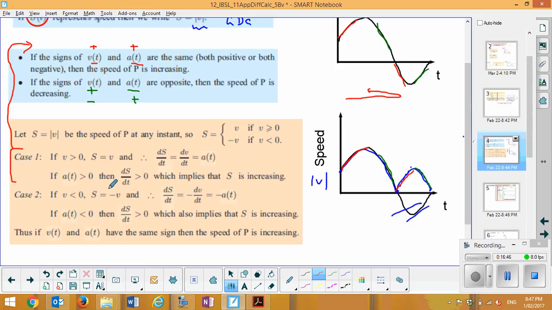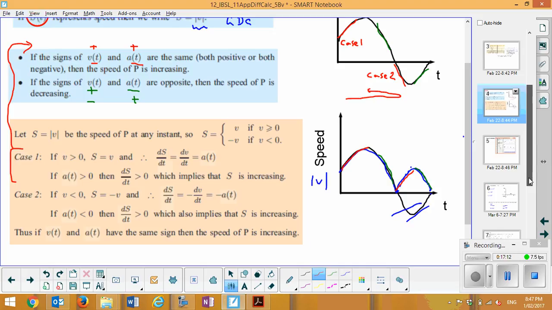That's matching that one. Whereas here, negative velocity, negative acceleration, those two negatives, was that region down here. So up here is case 1, and down here was case 2. All right, negative velocity, negative acceleration. Okay, let's move on here.